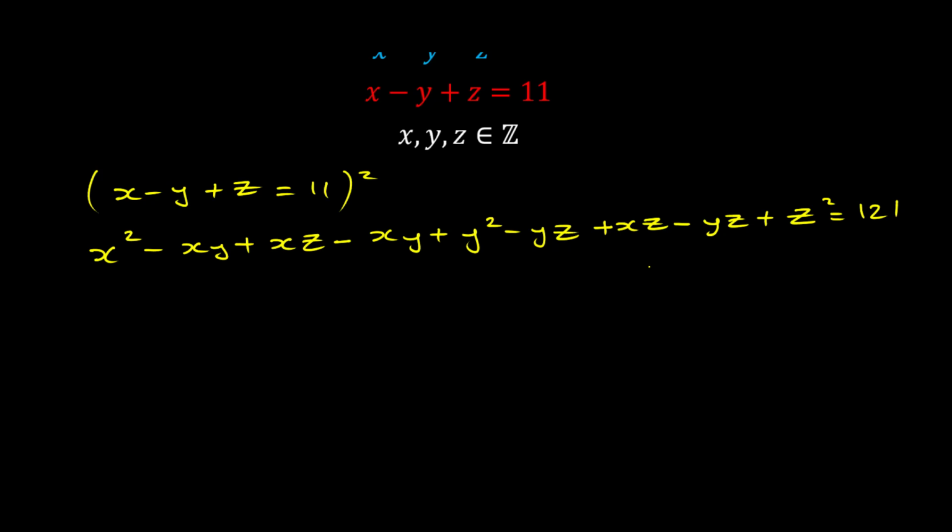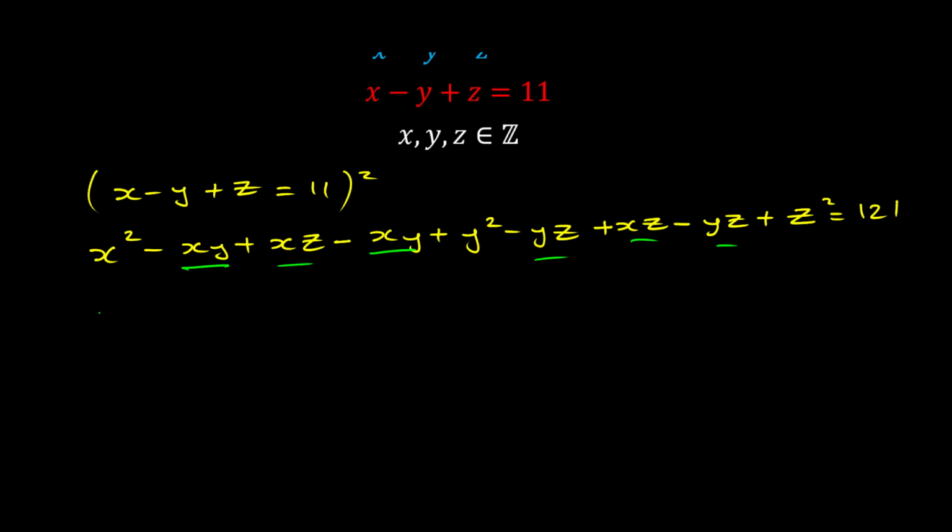All right, great. So we could actually group a few of these terms. Now, as we could see, we have an xy here and an xy here. So we could actually group all of these terms. We have an xz, xz, yz, yz, and so on.